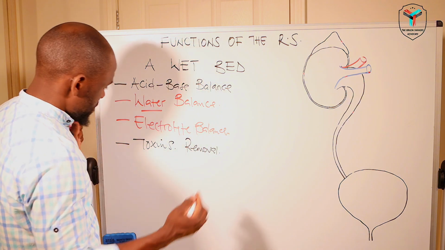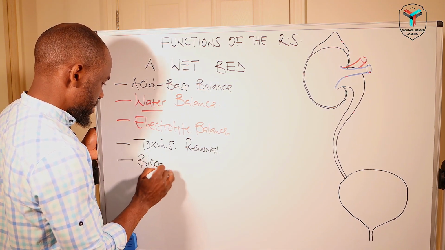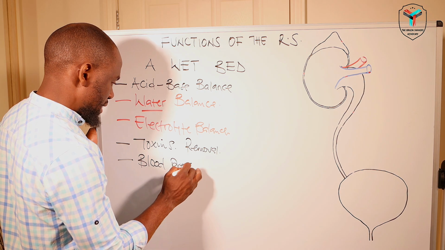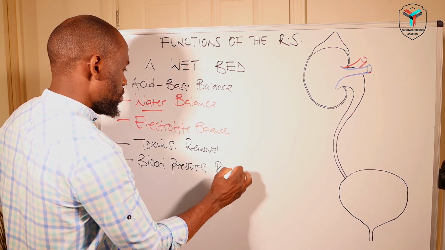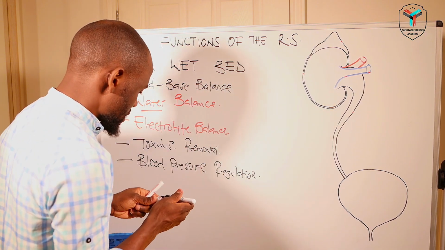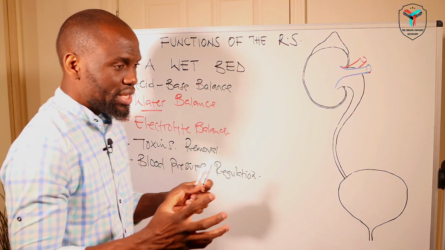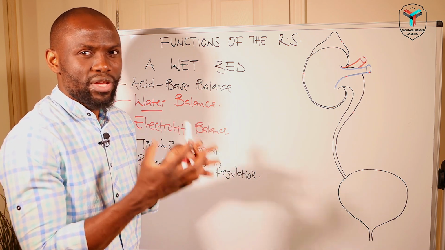Then the other function is what we're going to call blood pressure control. The kidneys are responsible for the regulation of blood pressure. Now, how do the kidneys regulate your blood pressure? We know that the blood pressure is going to come out of the circulatory volume.